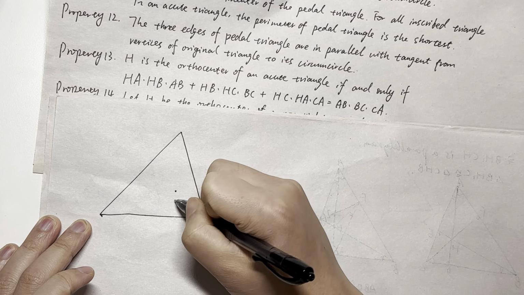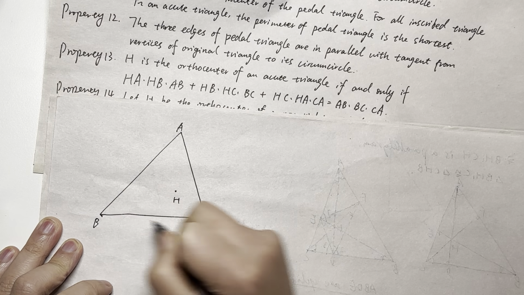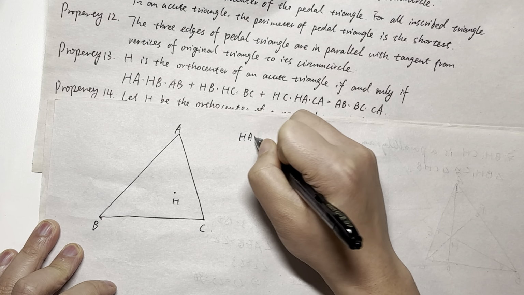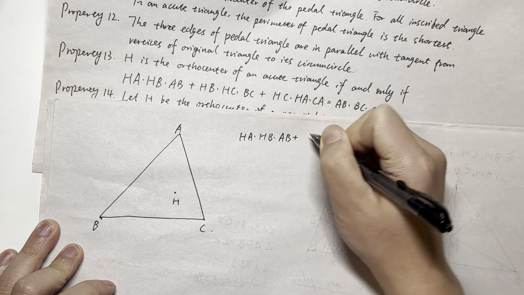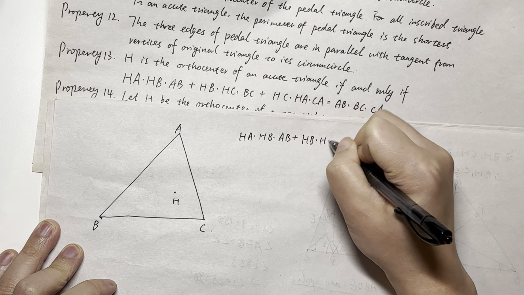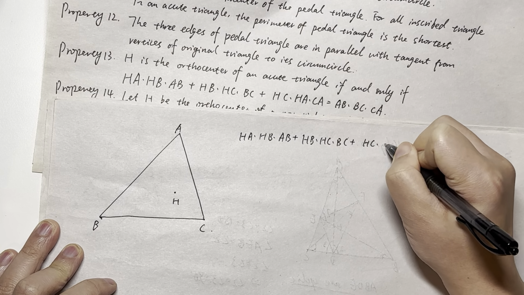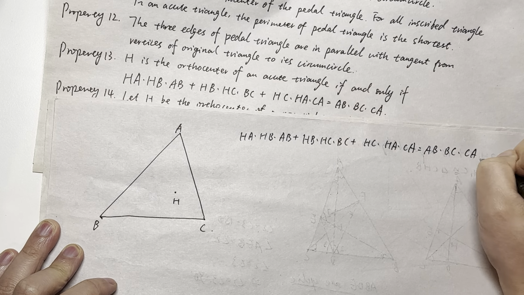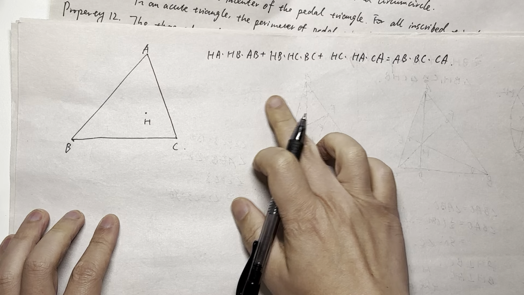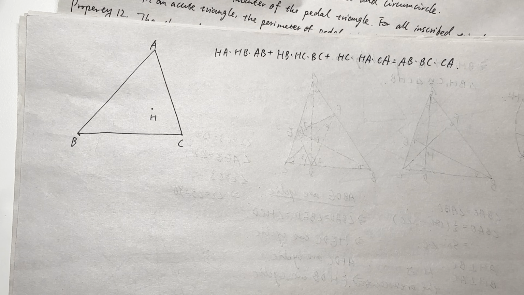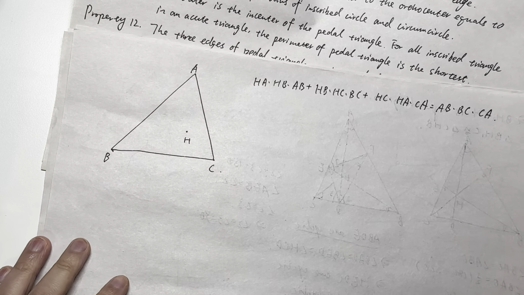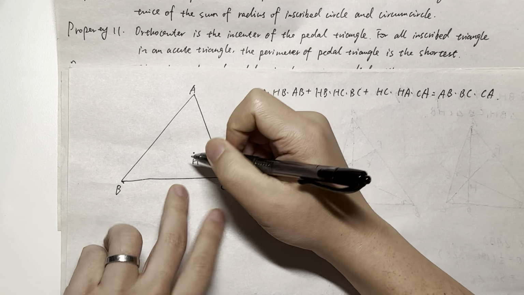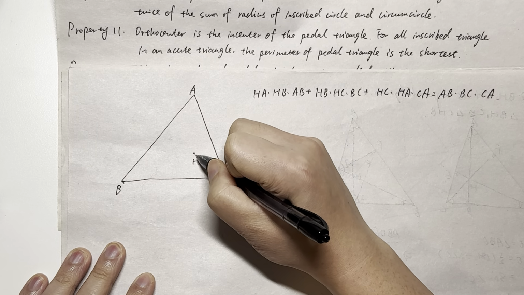So we have a point H here, with A, B, C. We know that HA times HB times AB plus HB times HC times BC plus HC times HA times CA equals AB times BC times CA. We know this is true, and we want to prove that point H is the orthocenter, right? So the way we can do it is to connect HC first.